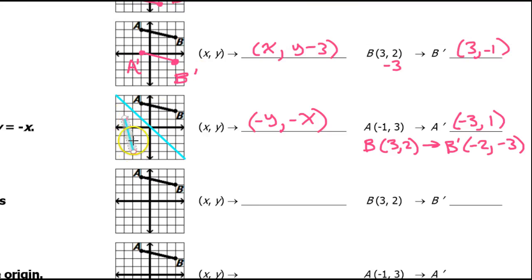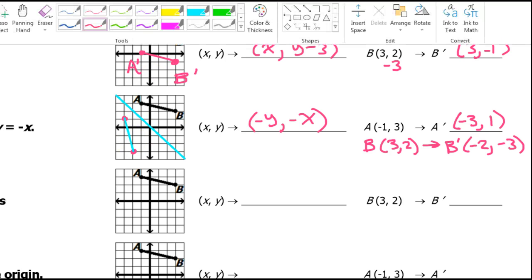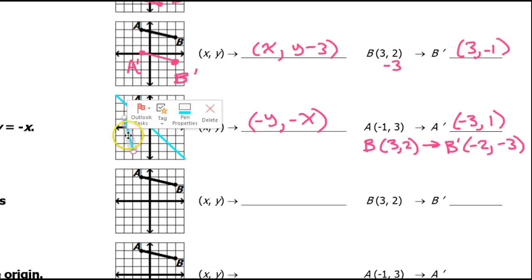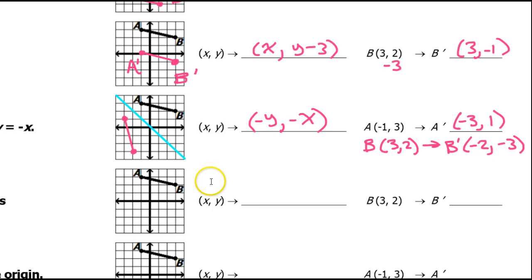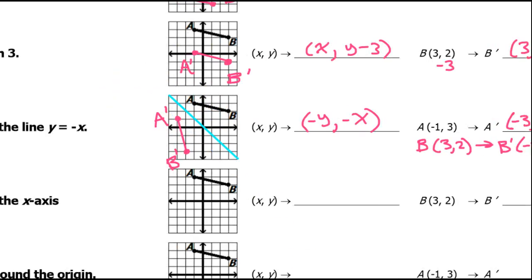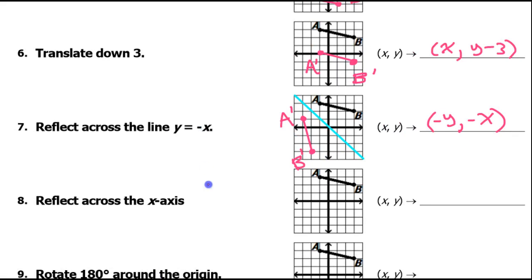Uh-oh. Didn't mean for that to be blue right now. Okay, so there is our reflection. And don't forget the label. So this is A prime and this is B prime. Notice visually how you can see that these are mirror images across this downward facing diagonal line. That is the line y equals negative x.